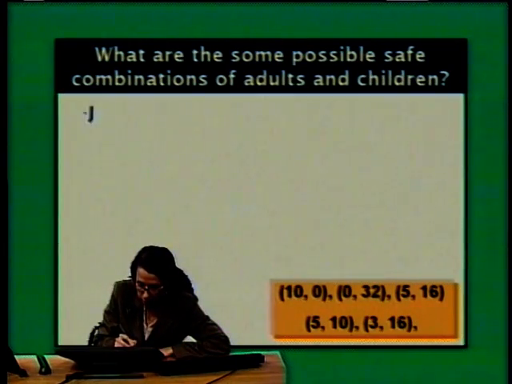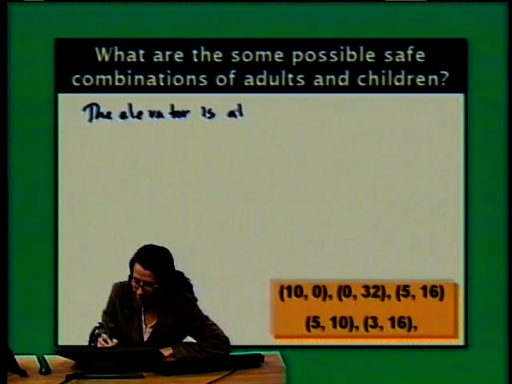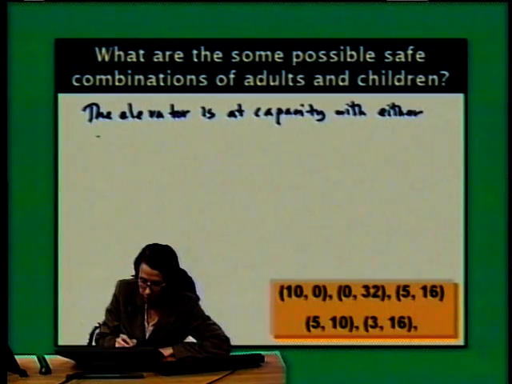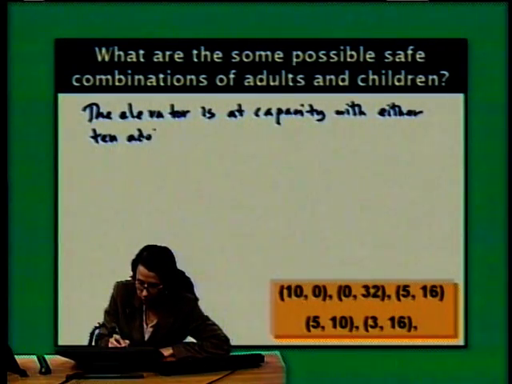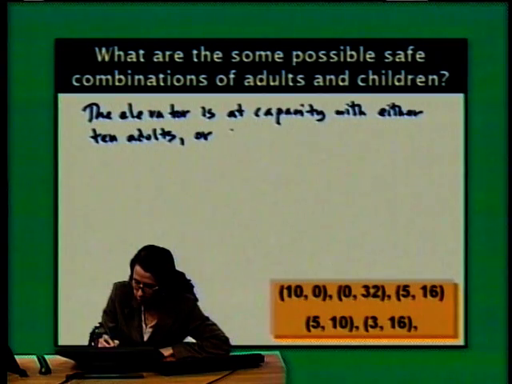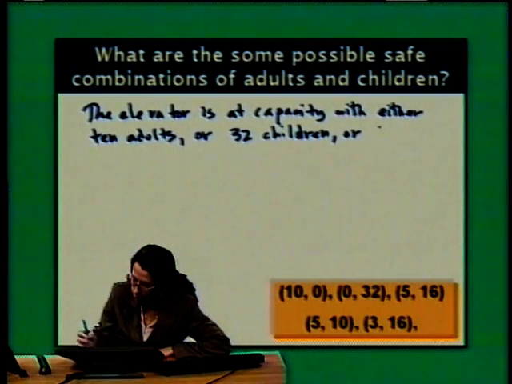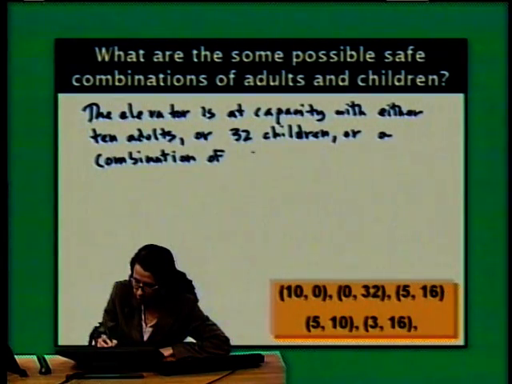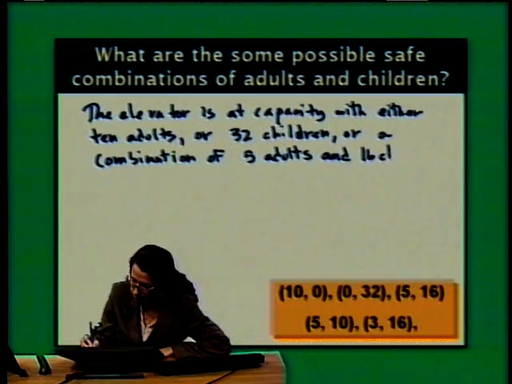So the elevator is at capacity with either 10 adults or 32 children, or a combination of 5 adults and 16 children.